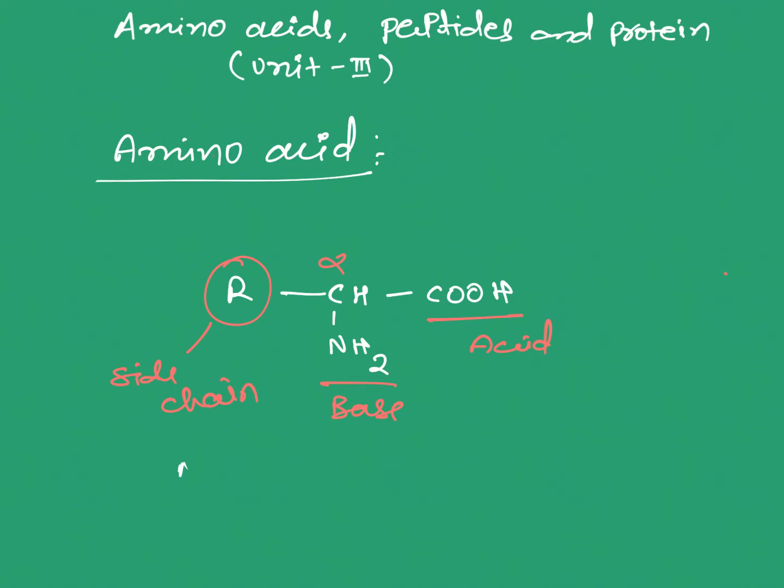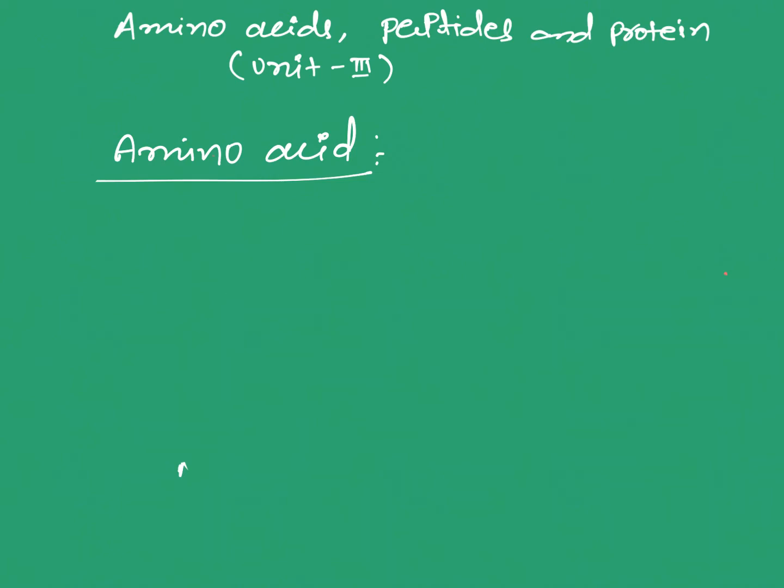Let's take the classification of alpha amino acids. First one, classification based on the nature of amino acids. Based on the nature, we classify amino acids into three types. The first one is acidic amino acids.